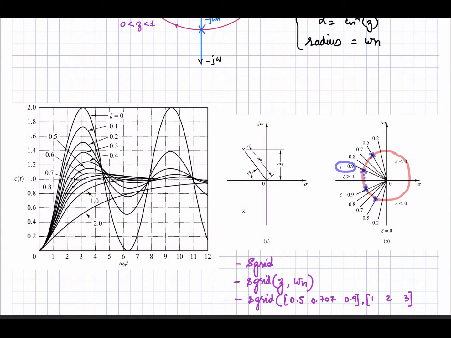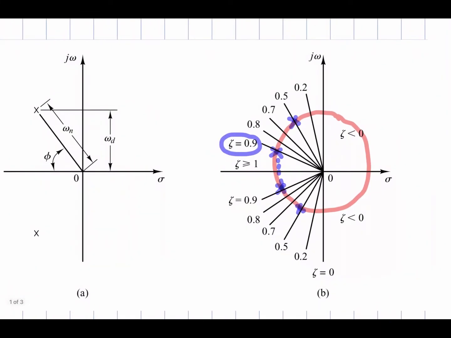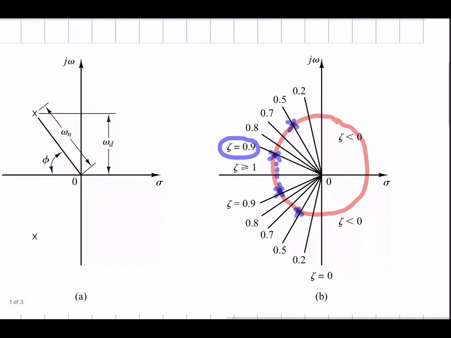So it's very helpful while designing the system. Or if we know the position of the poles, we can comment on the damping factor of the system. So you can use these lines for designing or for analyzing the second order system.